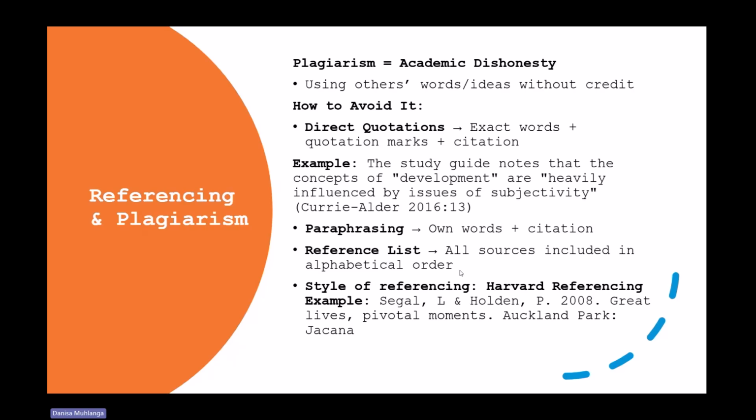You understand? So if I've used Kara Alda, Mashiane, Mohlanga, Mulife, all those need to go to my reference list. But they don't just go to my reference list. They need to be put in alphabetical order.